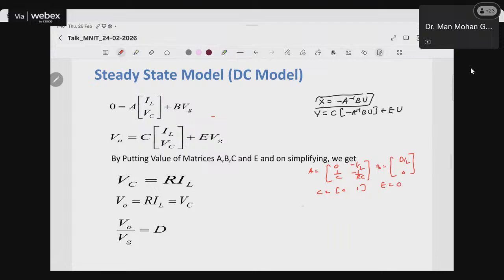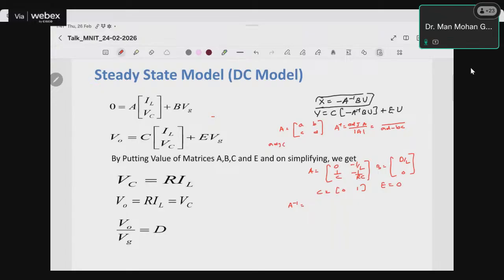So X, A inverse we need here. So A inverse is very easy. If a matrix A is given, like A, B, C, D, let's say 4 elements, in order to find A inverse, we say adjoint of A divided by determinant of A. So determinant of A is nothing but AD minus BC. And what is the adjoint in this case?